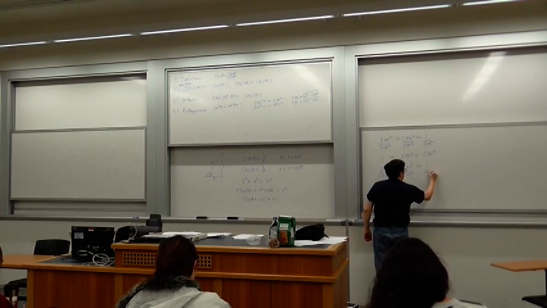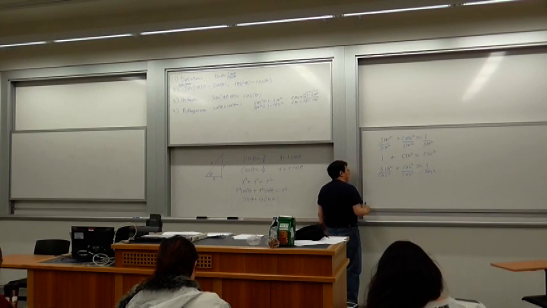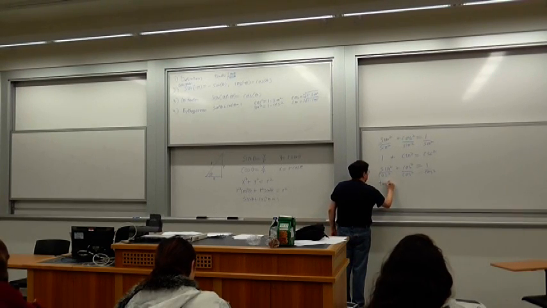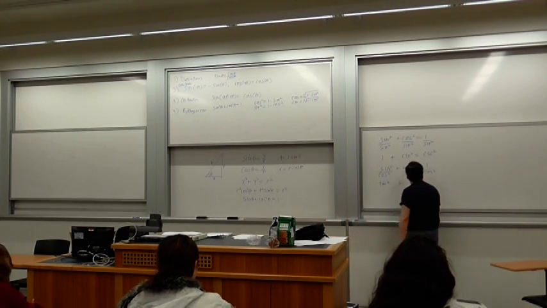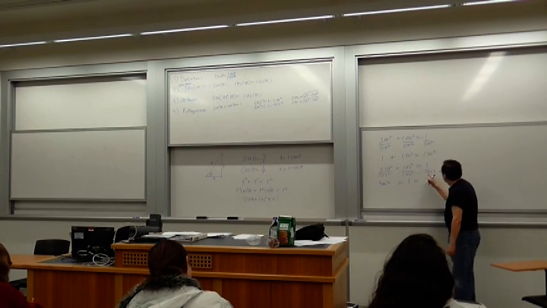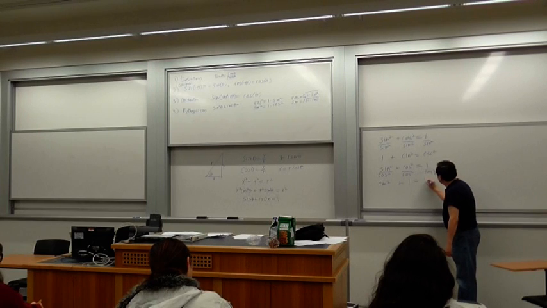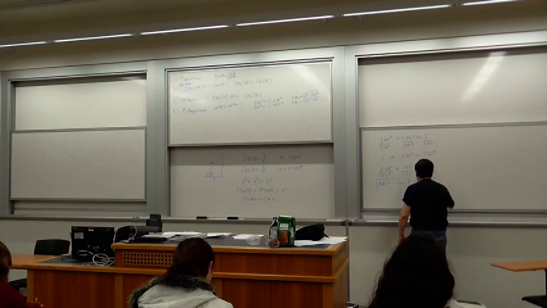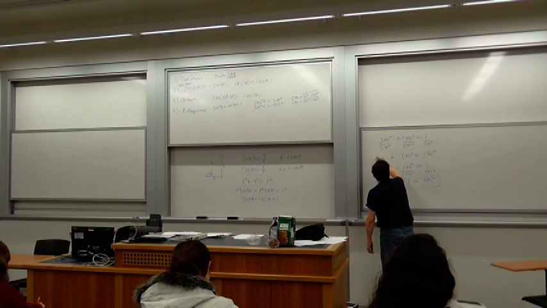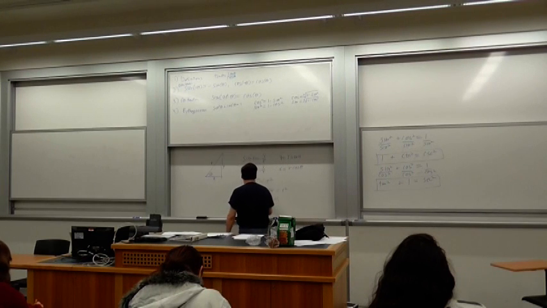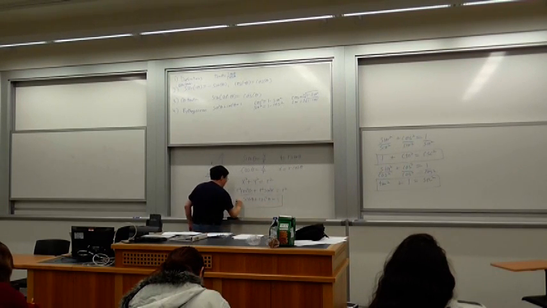So now, sine over cosine squared, that's tangent squared, plus 1 equals secant squared. So here we have our happy family of Pythagorean identities.